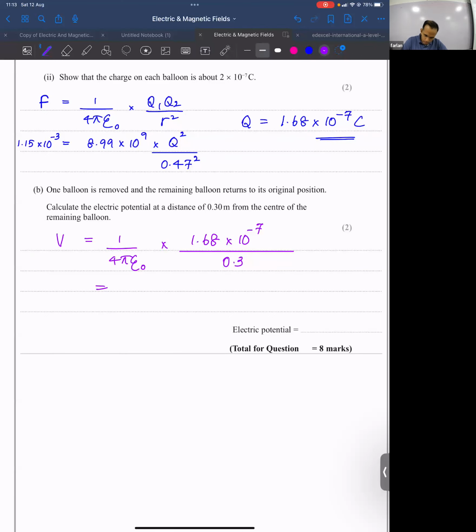I'm getting 5,040 for 3 significant figures.